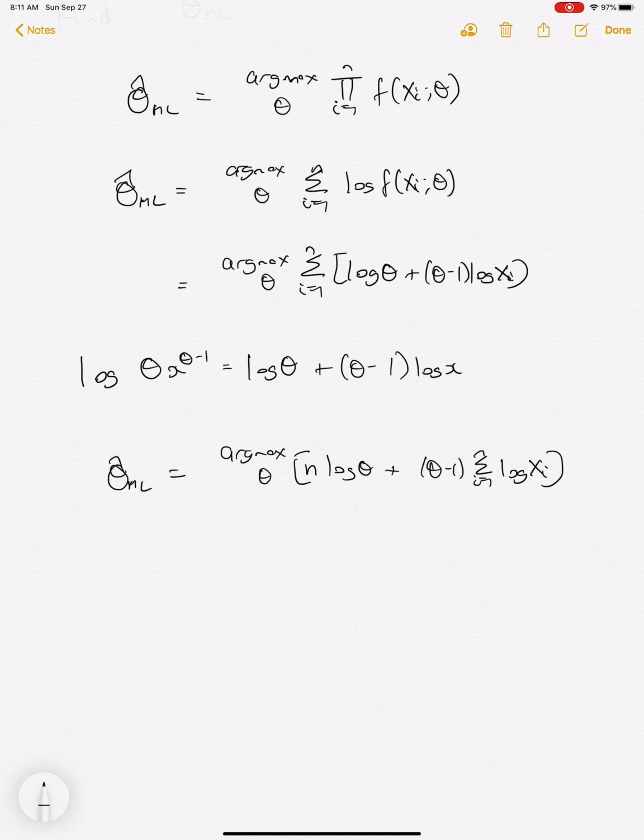Okay, and so how do we take the maximum? As we saw in the previous lecture, the most natural way to do that is to differentiate and set to 0.